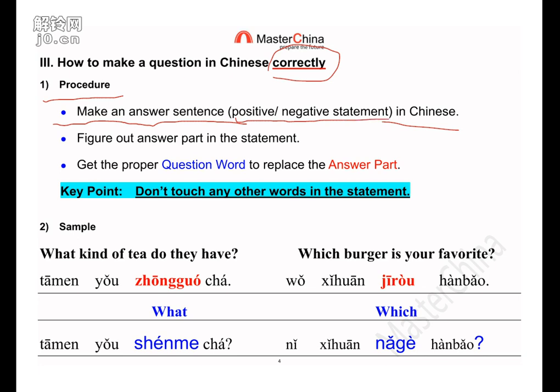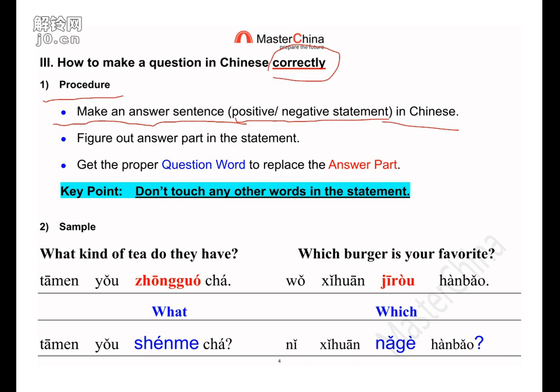The statement could be introducing some affairs, or explaining some affairs, or introducing something or somebody, or giving a comment about something, or telling people somebody at some place does something. All this, we can do as positive and negative statements in Chinese. So this is the first step. If we can get this perfect answer statement, the question is easy.